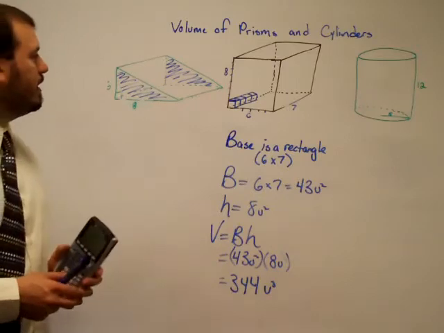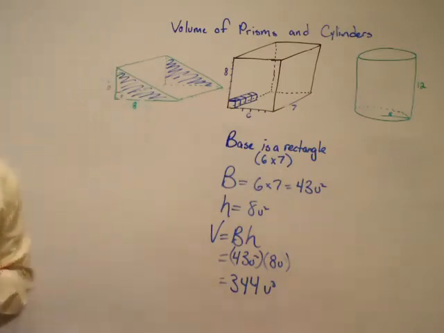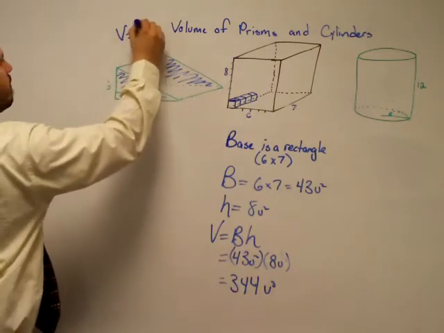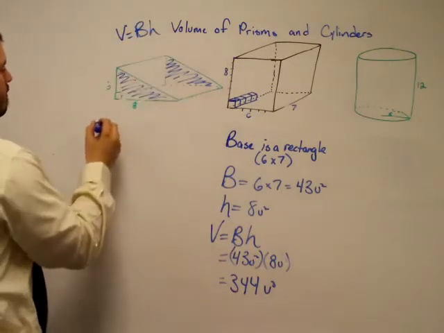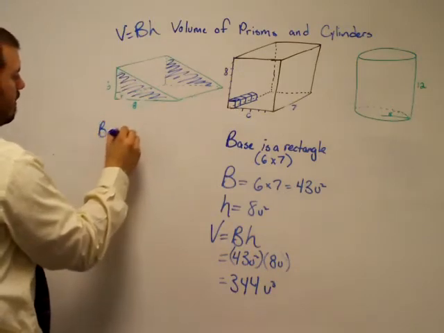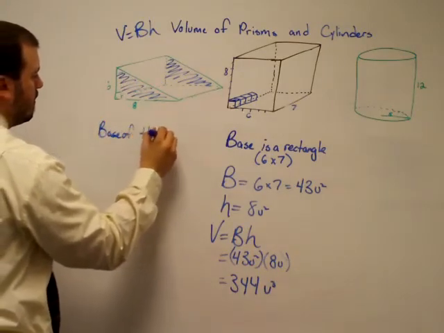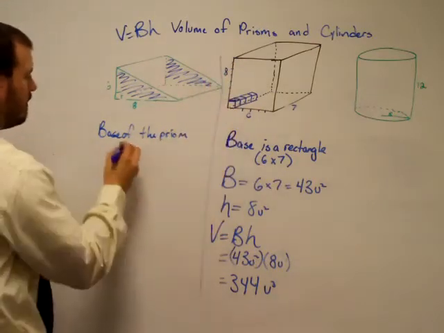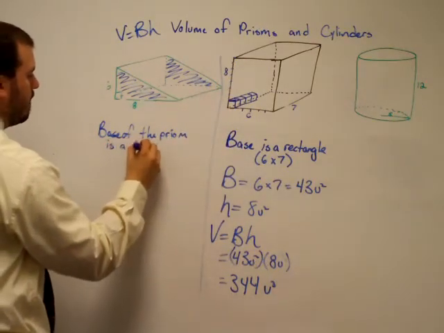All right, the next one I'll do is the triangular prism. And the triangular prism, again, we want to identify our base. Regardless, I'm using the formula, area of base times the height, and the base of the prism is a triangle.